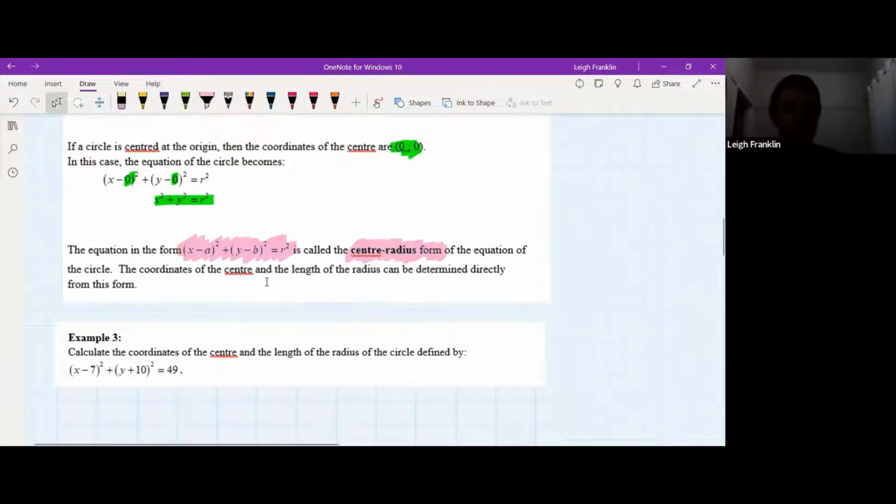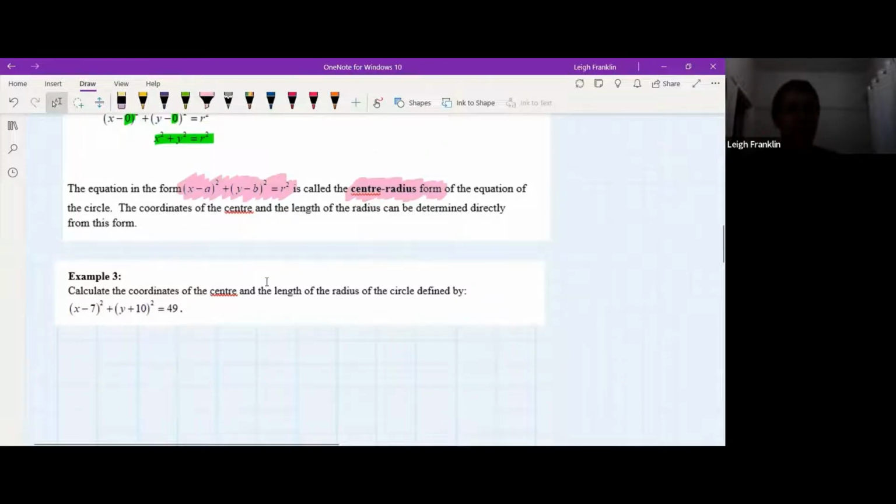All right, so for example, if I want to calculate the coordinates at the center and the length of the radius, and the circle has been defined by (x minus 7) squared plus (y plus 10) squared equals 49, it's very easy for me. I can just read the coordinates from the information that is given to me. The coordinates at the center, remember, they change sign. So it's going to be positive 7 and negative 10.